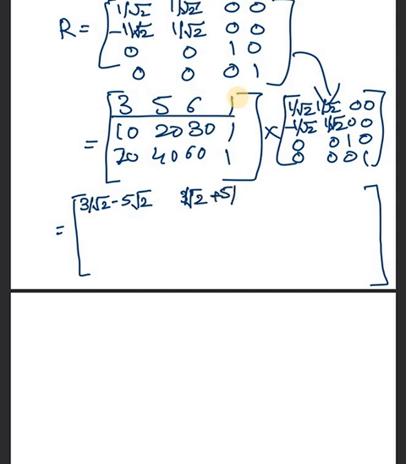So what you get is 3 by root 2 plus 5 by root 2. Now if you do the first row into the third column, you will get the answer as 6 because 3 into 0 plus 5 into 0 plus 6 into 1 plus 1 into 0 is 6. And as I told you, write 1, 1, 1 in the last column without thinking.